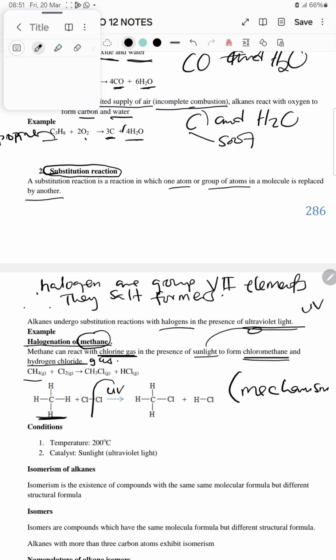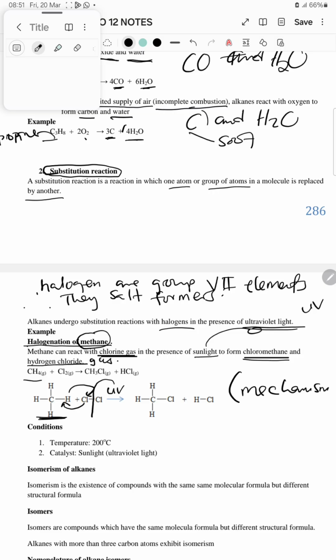Then when they break, this chlorine will come and substitute this hydrogen, remove it altogether, and this hydrogen will move where there was this chlorine.